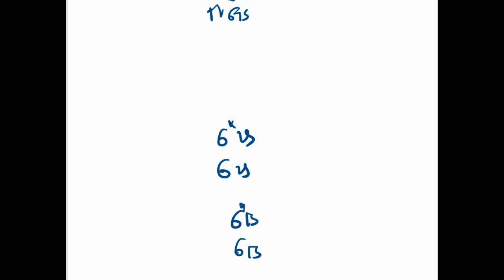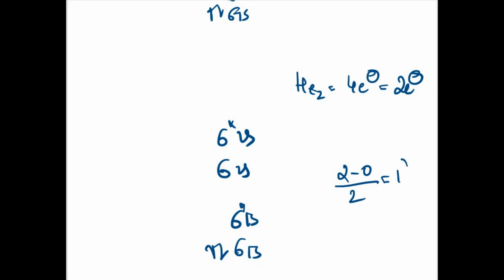First option is He2 2 plus. He2 is 4 electrons, 2 plus meaning 2 electrons in 1s. So our bond order would be 2 minus 0 by 2, which is 1. Possible. So that is why this is a viable molecule.